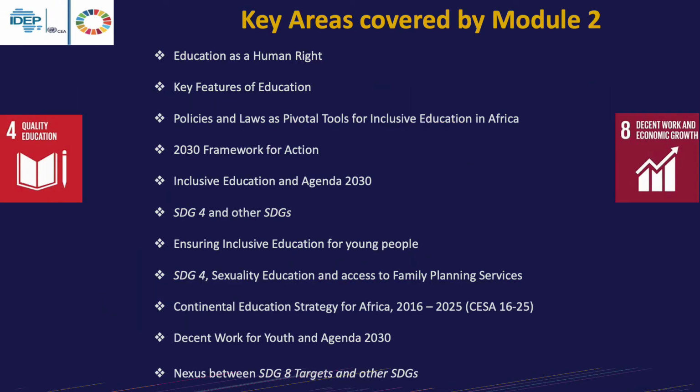In Module 2, we'll be looking at education as a human right as far back as 1948, the key features of education, the policies and laws as pivotal tools for inclusive education in Africa, the 2030 Framework for Action, inclusive education as it regards Agenda 2030, SDG 4 and the nexus between other SDGs, and the possibility and importance of ensuring inclusive education for young people.